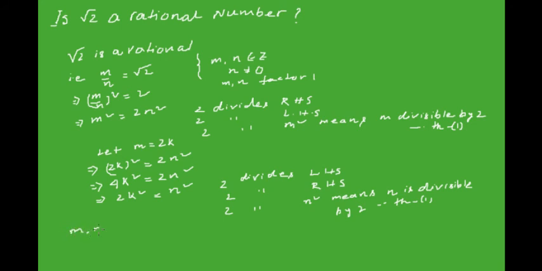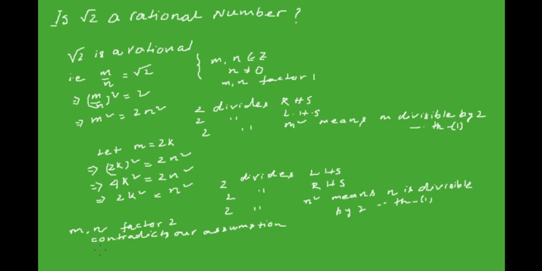So m and n both are divisible by 2. That means both have a common factor 2. But this contradicts our assumption, as our assumption was that m and n have no common factor except 1. But we get here common factor as 2.